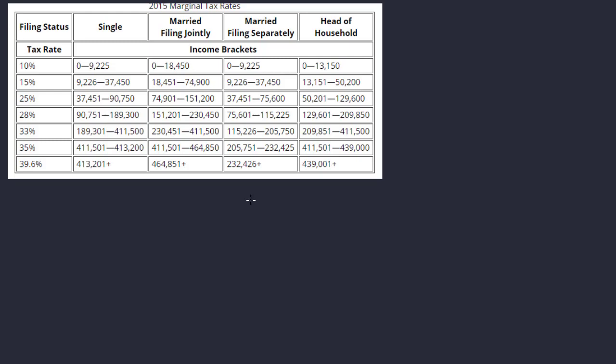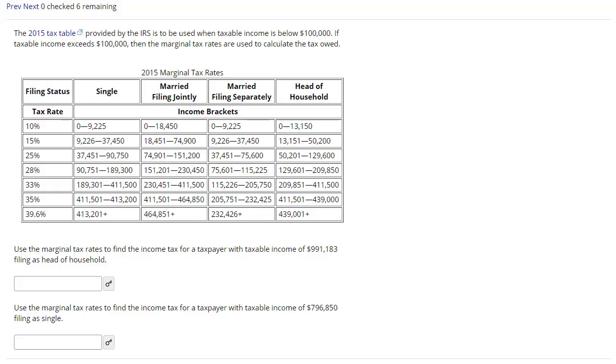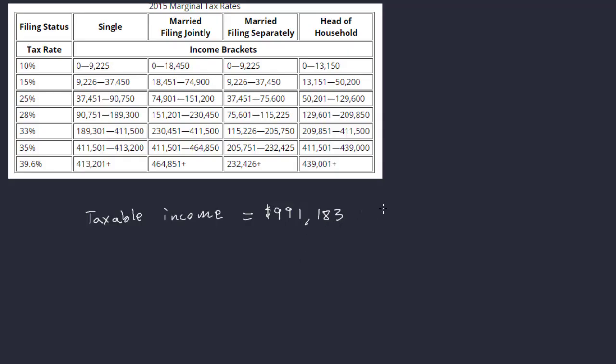All right, so here we have copied the table into our workspace. Then I want to remember this value, 991,183, and we're filing head of household.